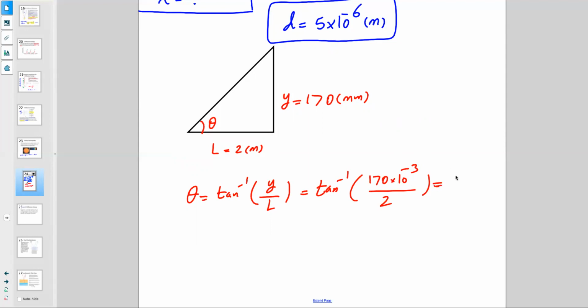If you put it in your calculator, you find that it is 4.85 degrees.